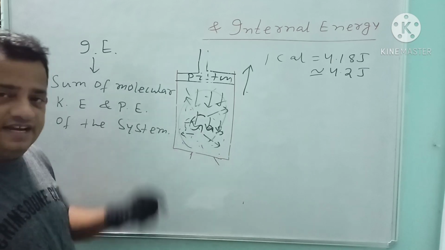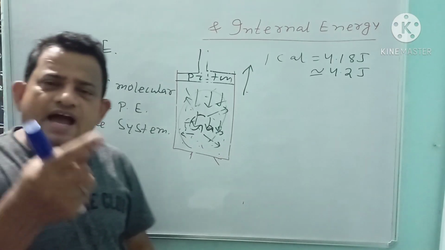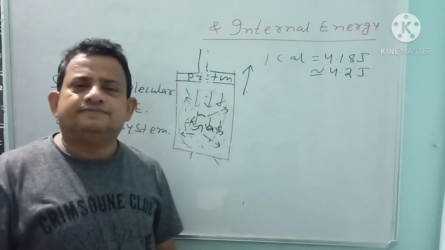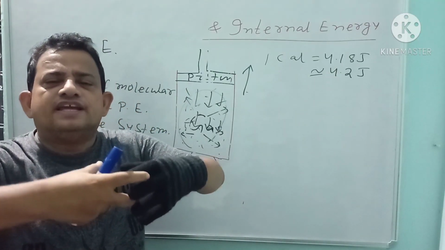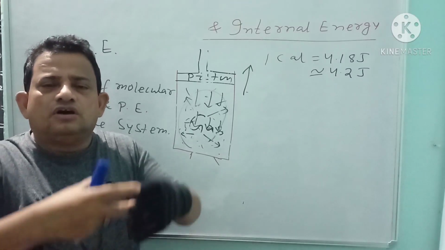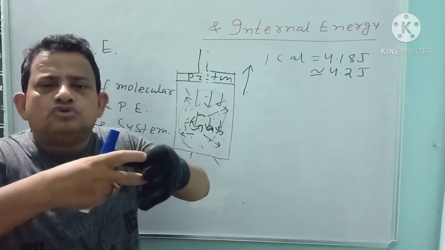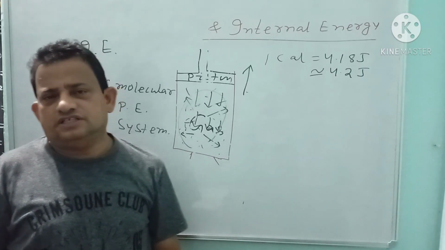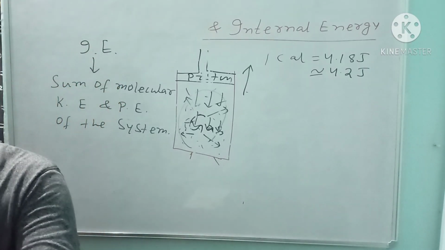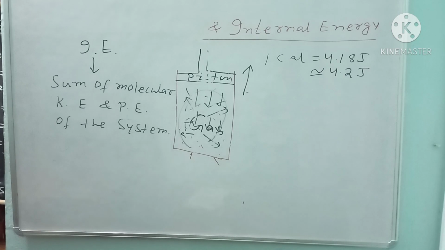When gas is heated, when gas absorbs heat, it expands. The molecular motion increases. The velocity of the molecules increases. So due to the increase of velocity, its kinetic energy increases. That's why we say internal kinetic energy is a function of temperature.